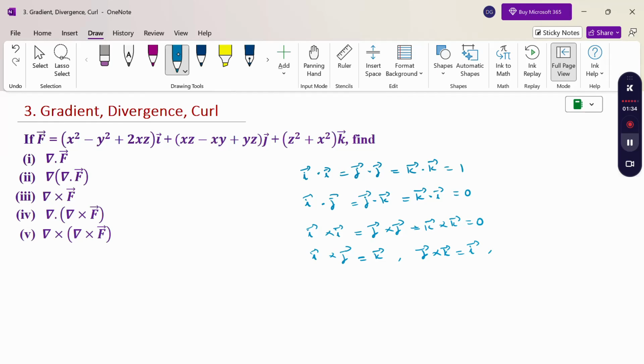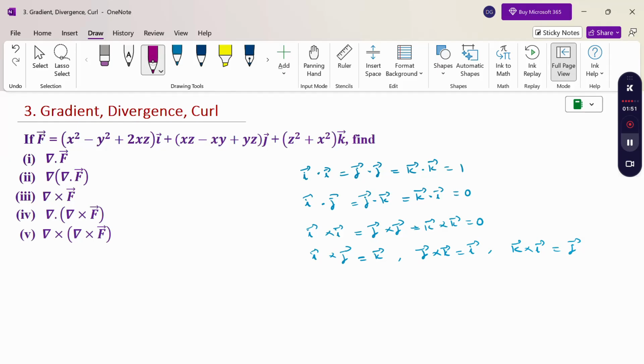Suppose the order changes: k cross j means minus i vector, j cross i means minus k vector. So these are the values.